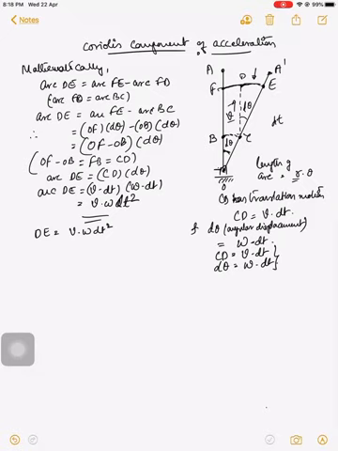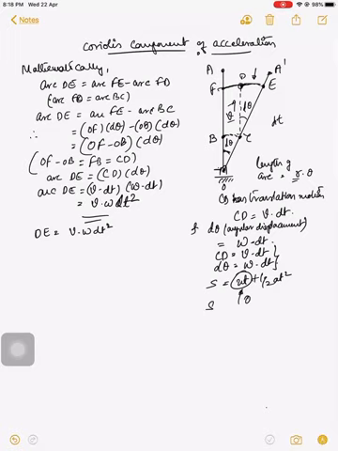So now assuming the body is at rest initially, we know the equation for displacement, that is S is equal to ut plus half at square. Here, when the body is at rest initially, the velocity is 0.